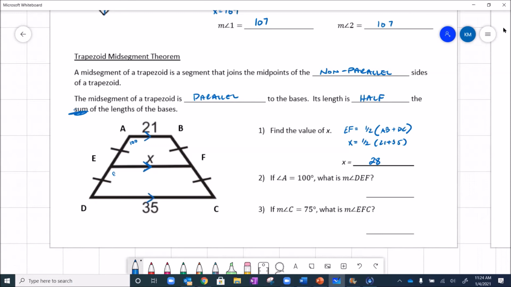If it's parallel to the bases, what do we have here? We have corresponding angles. So if angle A is 100 degrees, then DEF would be 100 degrees as well, corresponding angles.